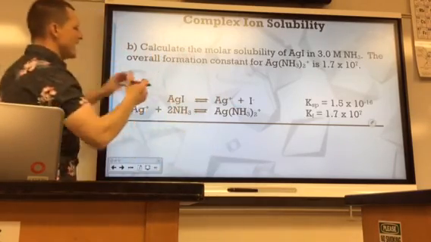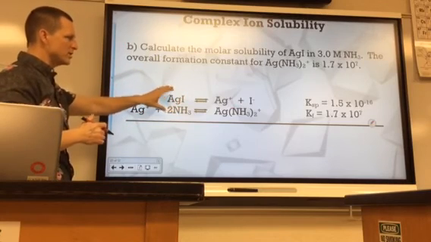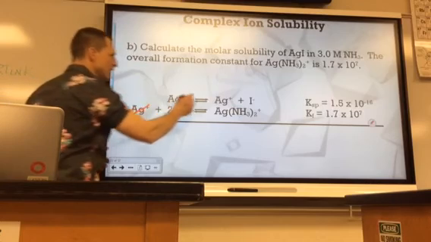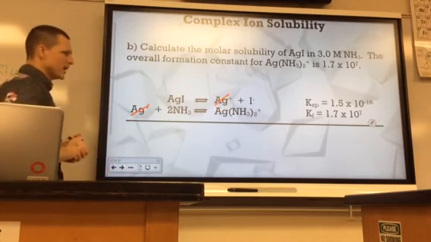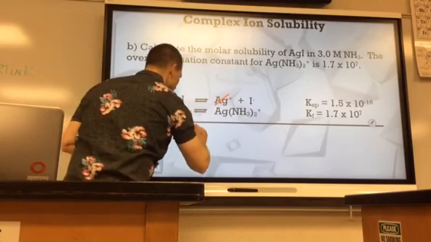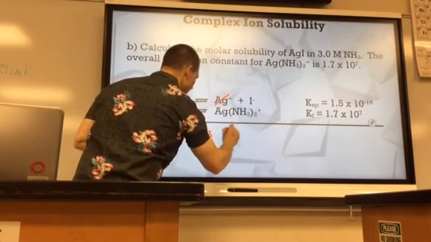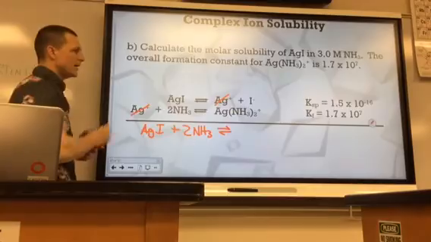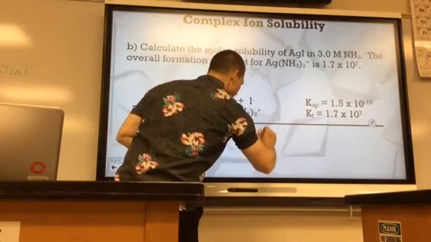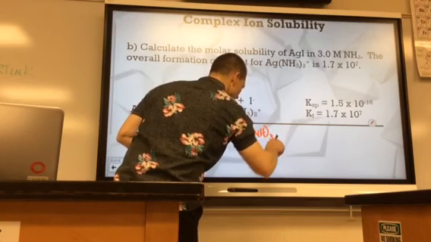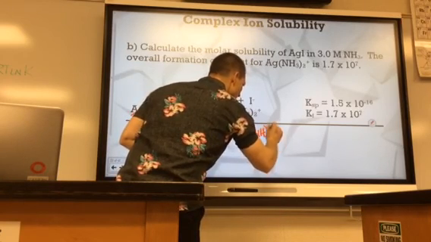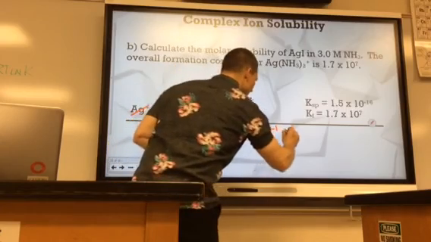So let's go ahead and take these 2 chemical equations that are really happening simultaneously and add them together. The silver ion is going to cancel out, and we're going to have this: silver iodide plus 2 NH3 yields, over on the right side, our complex ion, silver with the ammonia, with a positive 1, and then an I negative.